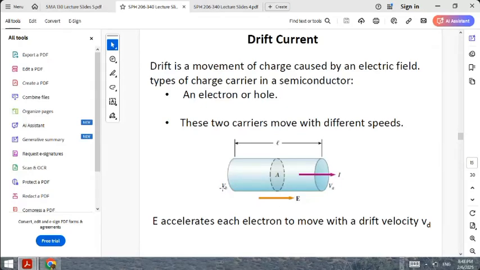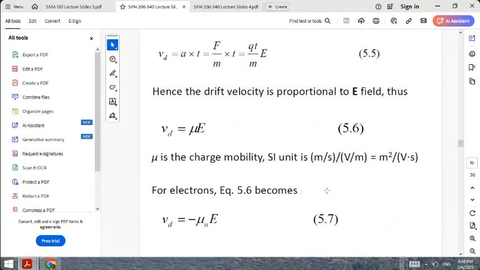There must be a potential difference between the ends of a conductor if we want current to flow. So again, we rely on the very basic physics we learned in secondary school: velocity can be obtained in terms of acceleration and time.